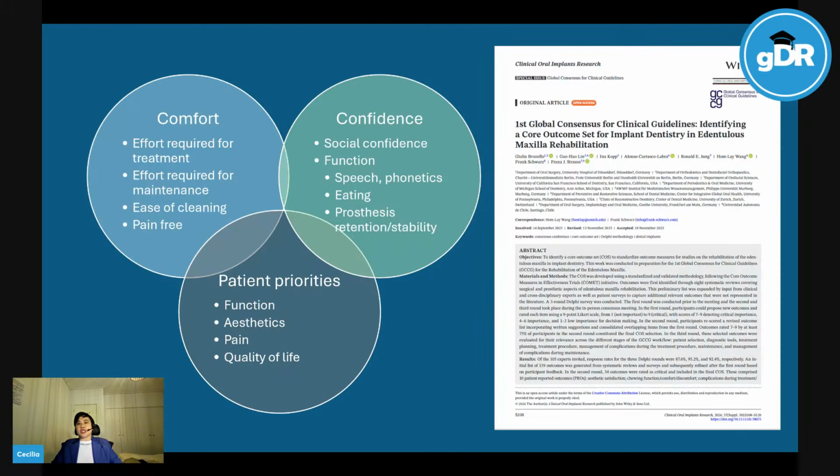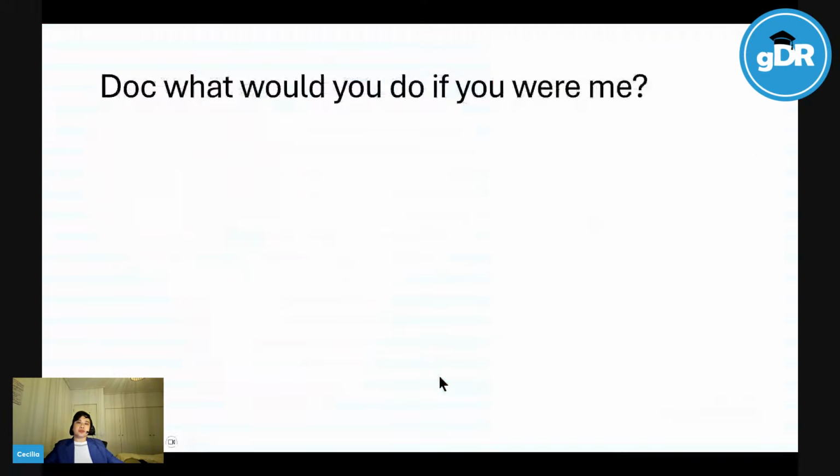Patients are also interested in confidence, function, speech, eating, and if they're in a denture, they want their denture to be more comfortable, not fall out or be embarrassed when the teeth are moving, or to have the confidence to eat in public. Okay.